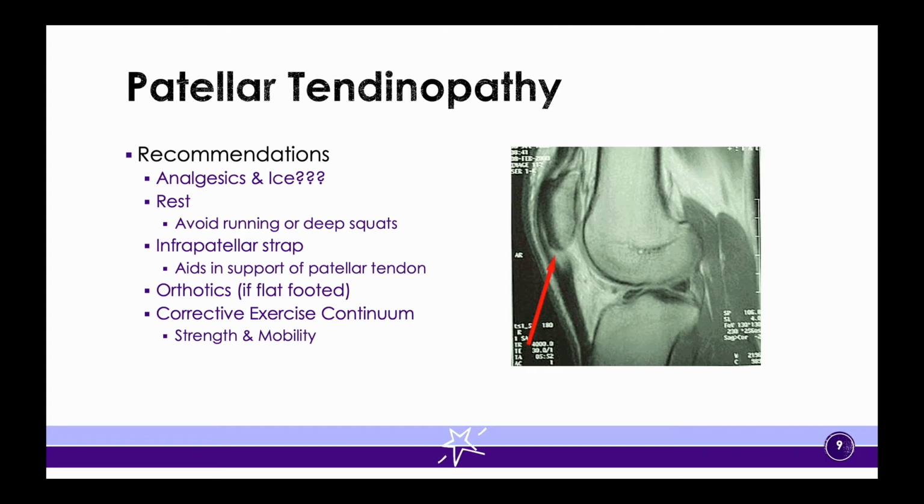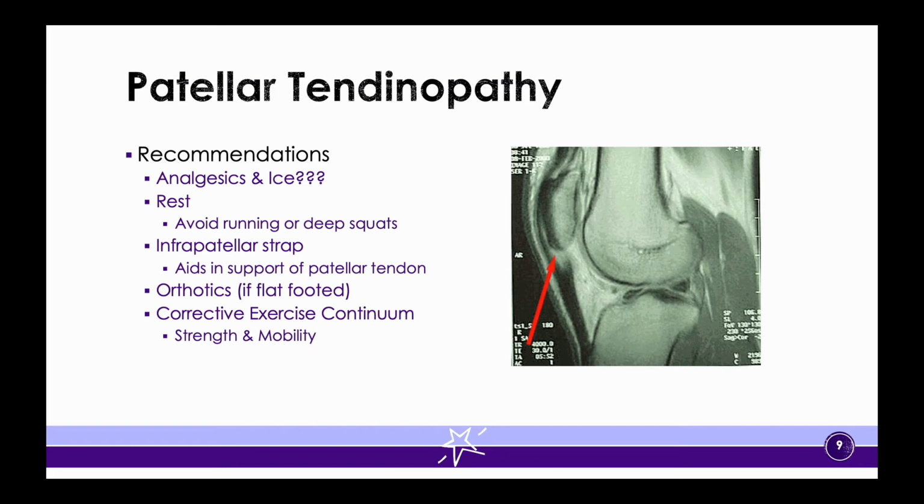What it ends up doing is elongating the healing process or delaying the healing process when we are utilizing such things as analgesics and ice to be able to treat inflammation. However, if the inflammation is starting to cause problems itself, we might consider it. So it is something to think about.